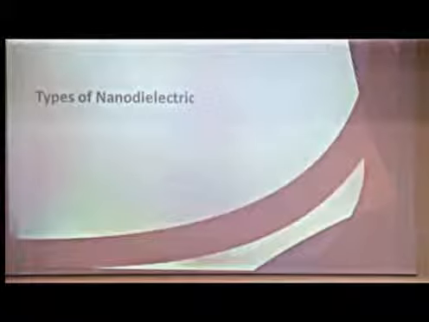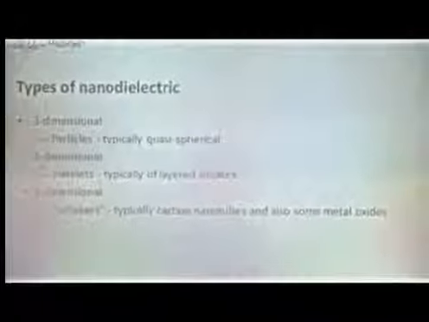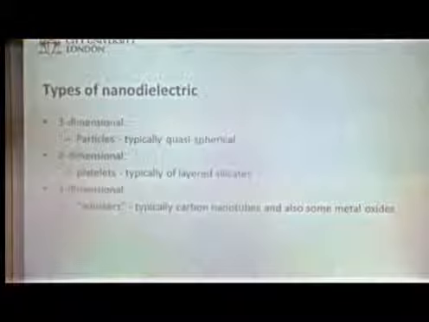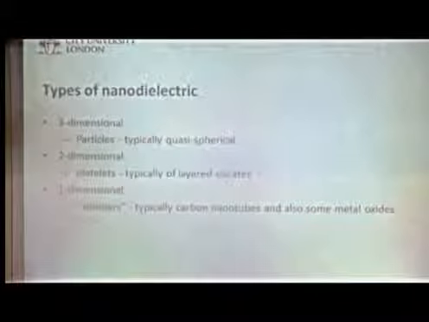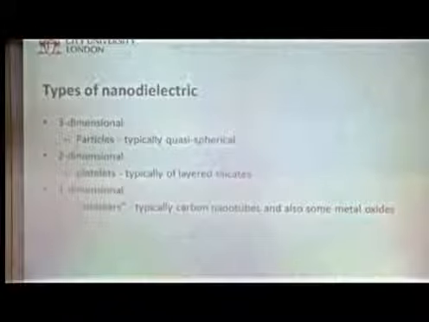So let's have a quick look then at different types of nanodielectric. And these are really quantified, apart from changing the host materials, by the different types of nanoparticles that one can introduce. And a way of thinking about this is how many dimensions they've got.